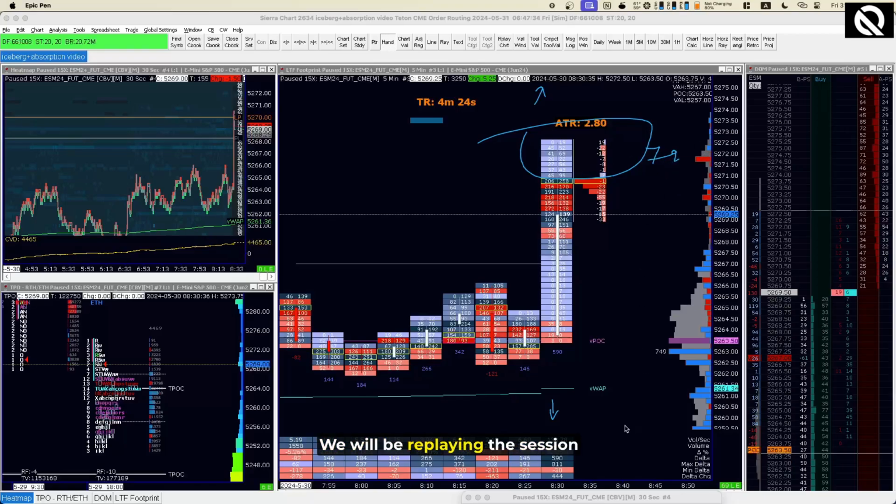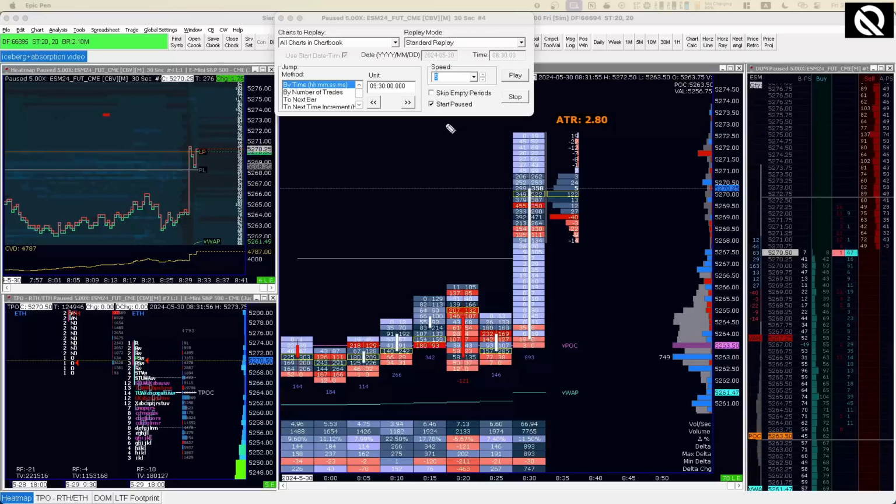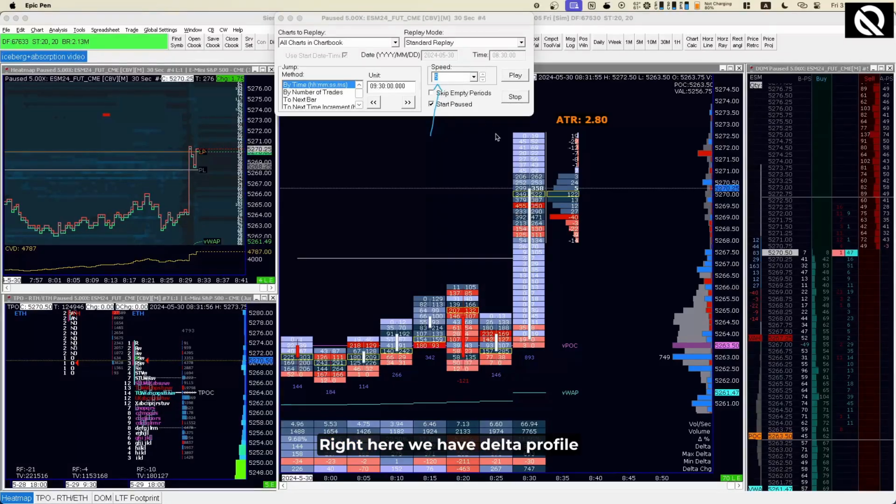We will be replaying the session back and forth just to show this activity. Of course, if you own the Sierra suite, you can replay the whole session and see it for yourself and study this type of activity. We will be playing the session at 5 times the speed right here. We have delta profile and the volume profile right here.